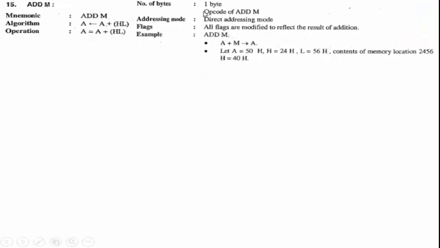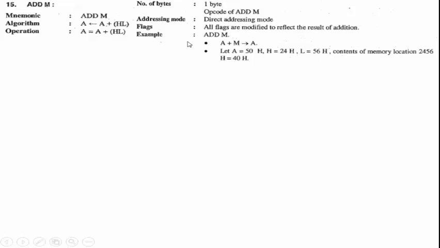After the operation, the accumulator contents get modified with the result and the memory location contents are maintained as they are. This ADD M instruction is also a 1 byte instruction, only a single byte opcode you will get in the opcode sheet.